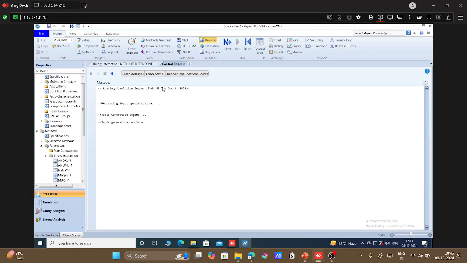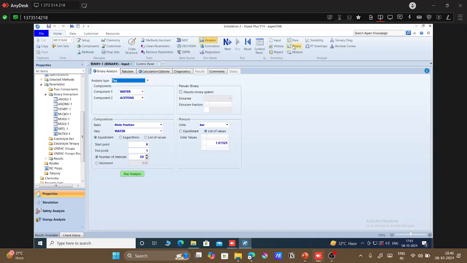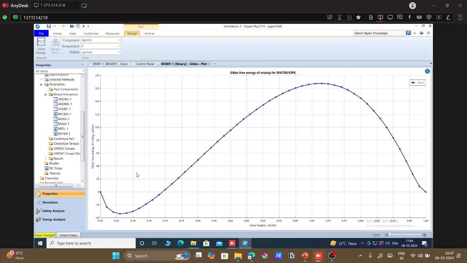okay, here also you can look at the binary analysis and see which components have affinity towards each other. So we will again look at the Gibbs free energy, for water and EIPK. As you can see, for most of the range, water and EIPK are not mixing.